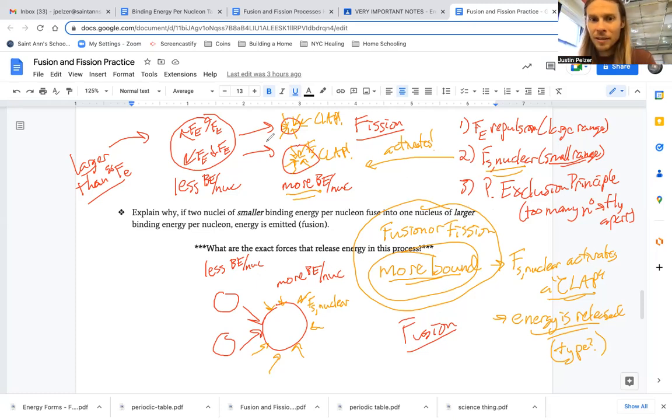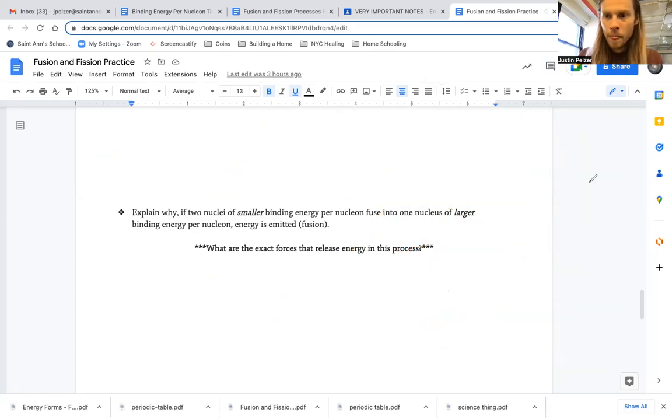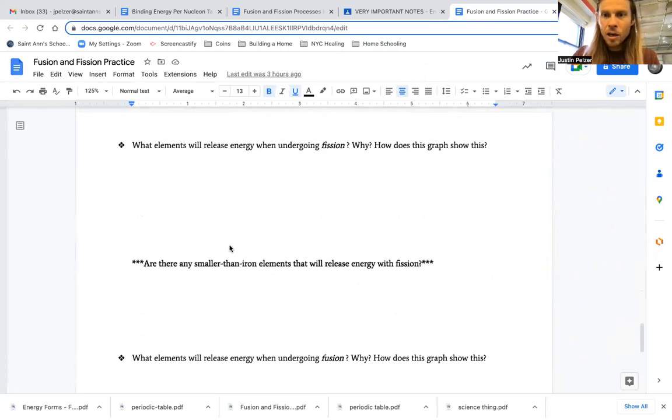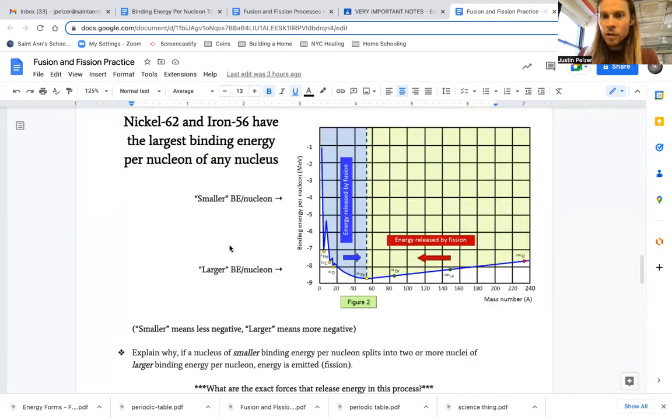Pause this, see if this makes sense. This is the picture of fission and fusion. These are the answers to these questions. Let's do one numerical example. See if you can answer the back page. You notice that fission releases energy coming from this side, bigger than iron, closer to iron, no matter what it is.